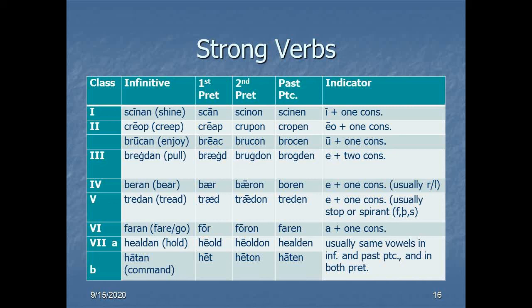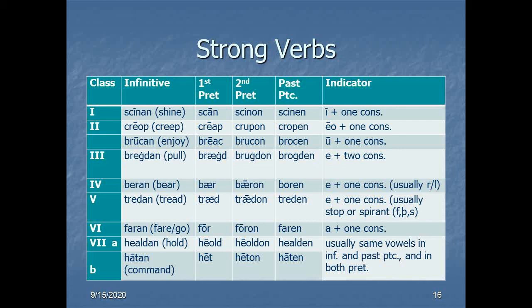Now, if we take that across the other principal parts, it becomes in the first preterite, so the singular past tense, kreap. If I were to say, ich kreap, this would be translated in modern English into I crept. So we still, in modern English, maintain a change in the vowel for this one, don't we? In the second preterite, so the plural past, krupon.